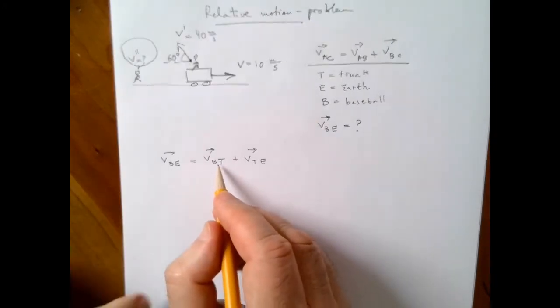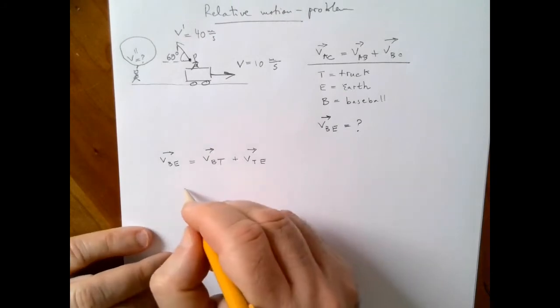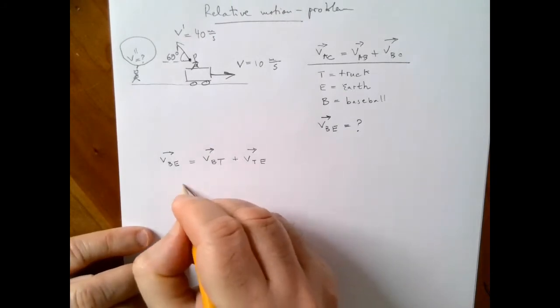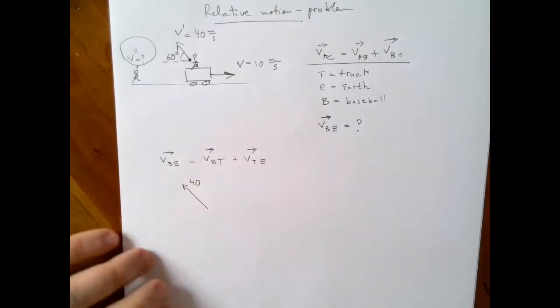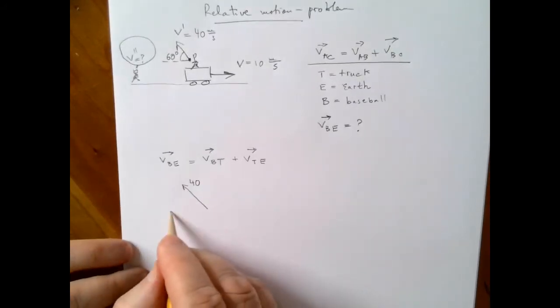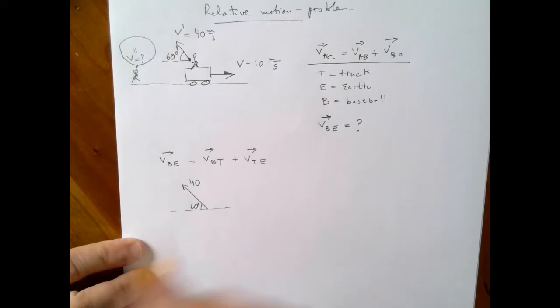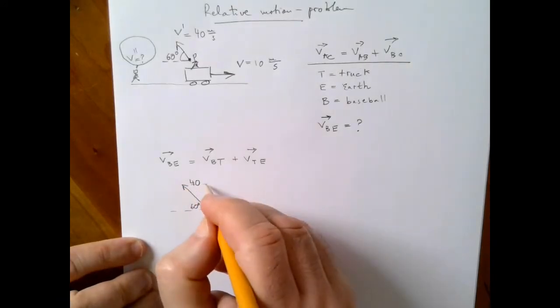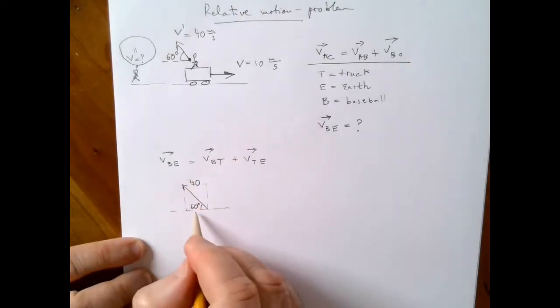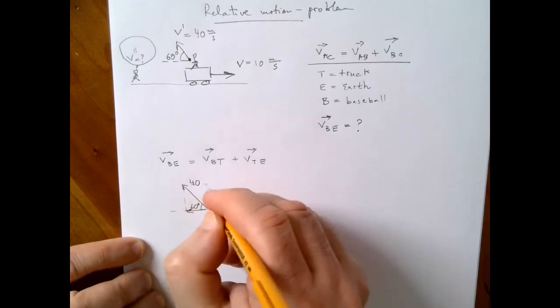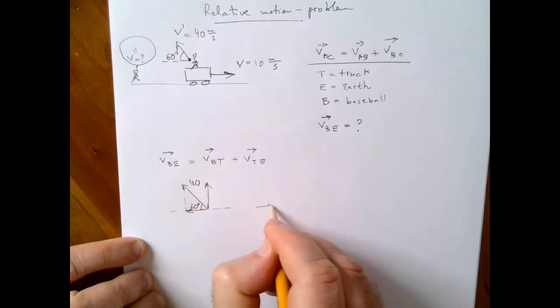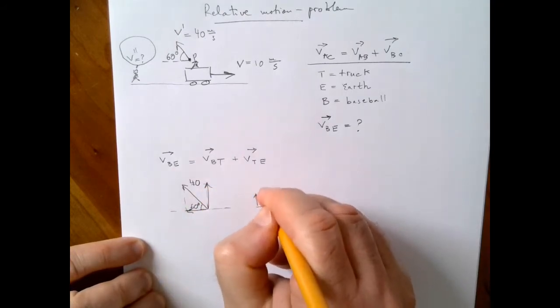What is the velocity of the ball with respect to the truck? We have this vector of magnitude 40 meters per second, and we have this angle of 60 degrees. We are decomposing the vector along the x and the y direction.